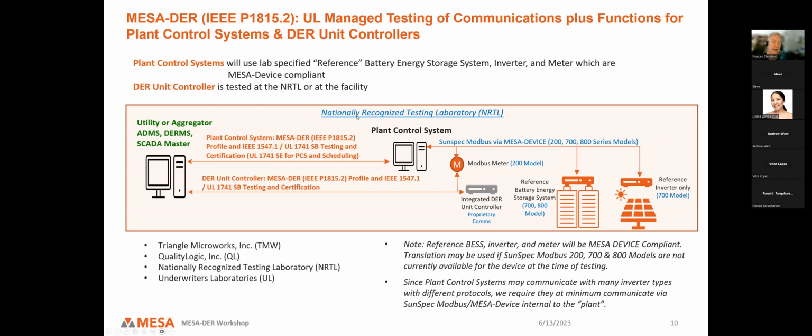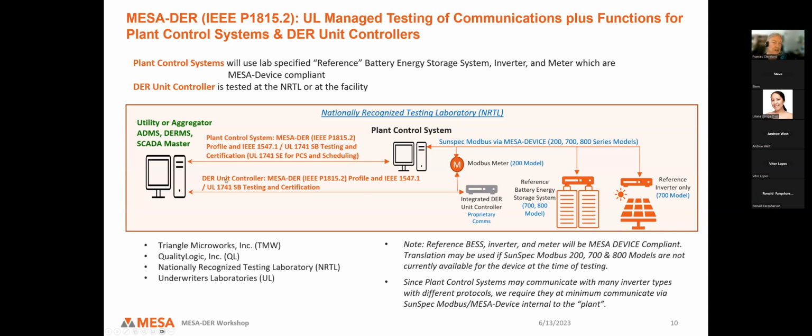We take it that they will be using it to test DER plants, as you know, plant systems, plant control systems, not just the DER devices, but basically to 1547.1, UL 1741 SB, and maybe in the future 1741 SE for power control systems and scheduling.